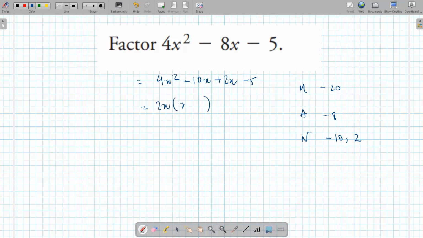You're left with what? 2x minus 5. Oh, it should be 2x, because 2x times 2x is 4x squared. What can we pull out from the next two terms? Nothing. So what do we do then, if you can't pull out anything? Does that mean this is unfactorable?